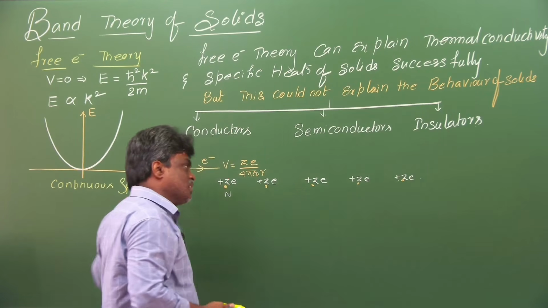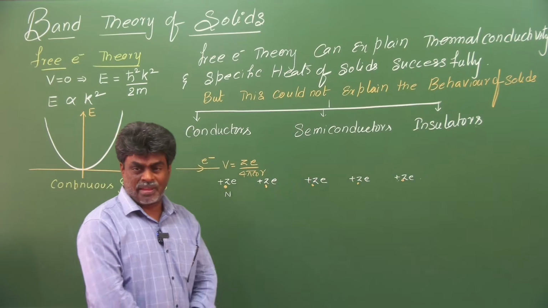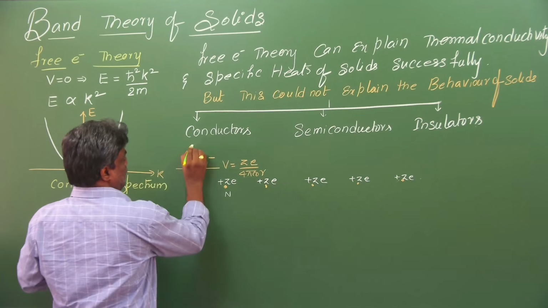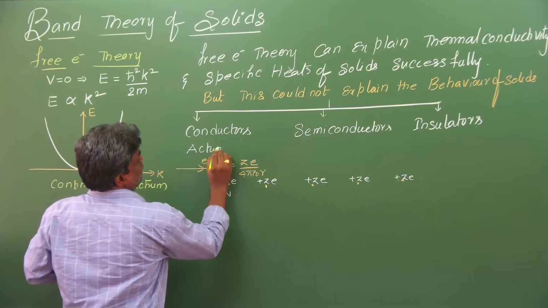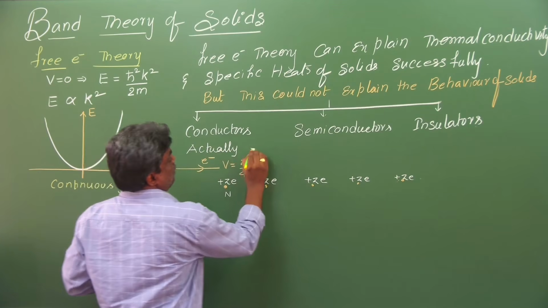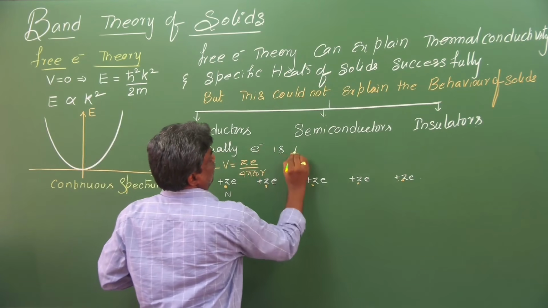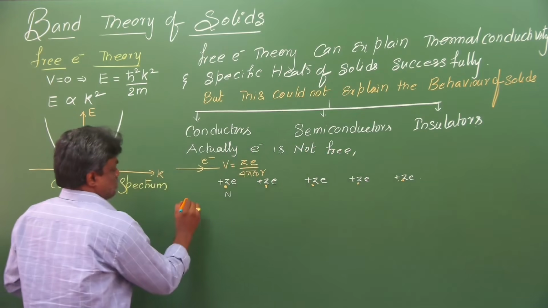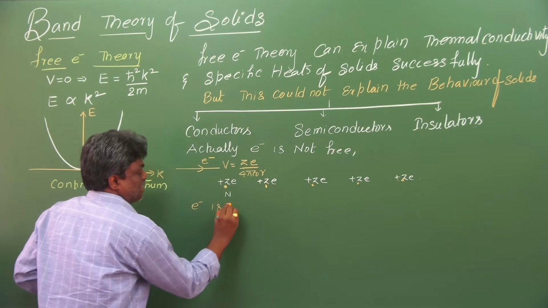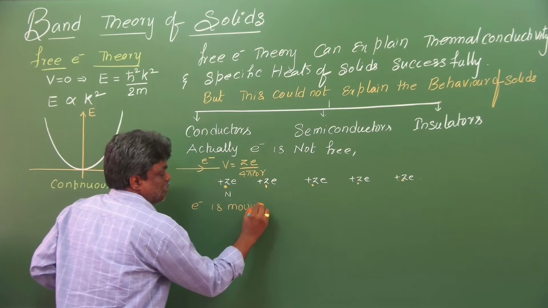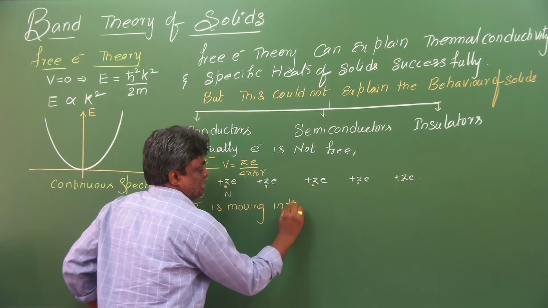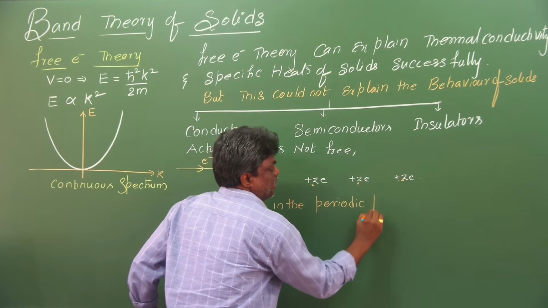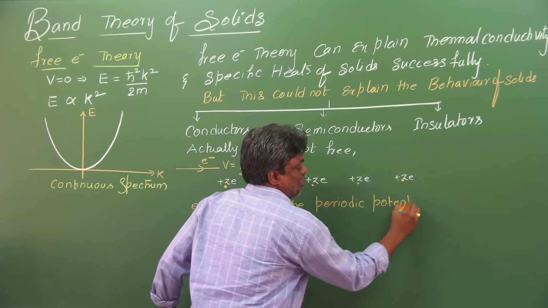That's why your potential also has a periodic behavior. So finally what you understand is that the electron is not free. The electron is moving in the periodic potential of the lattice.